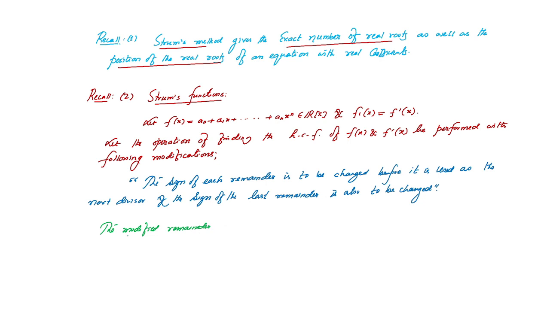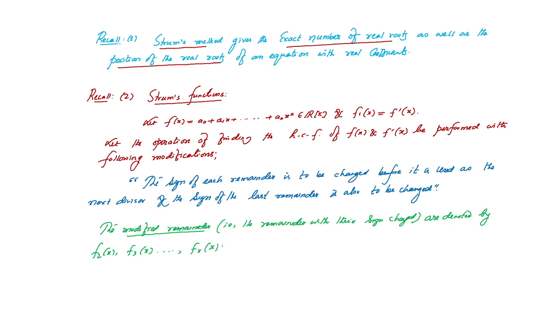the modified remainder means the remainder with their sign changed, are denoted by f2(x), f3(x), up to fr(x), where r is less than or equal to n.